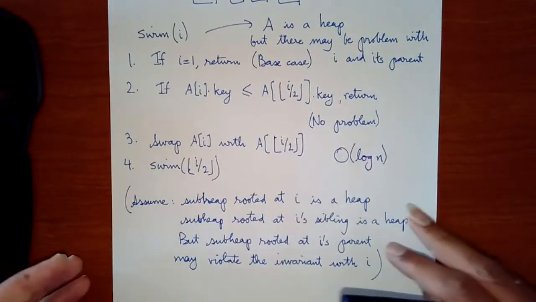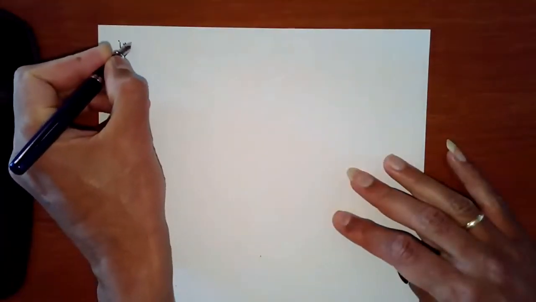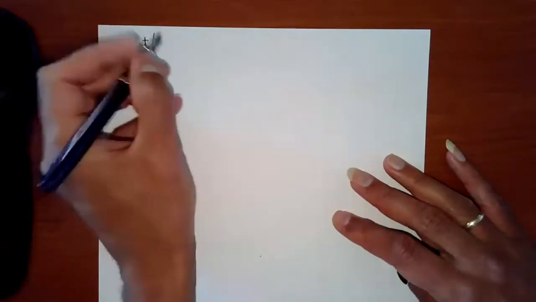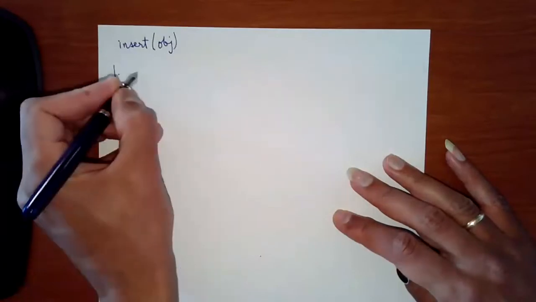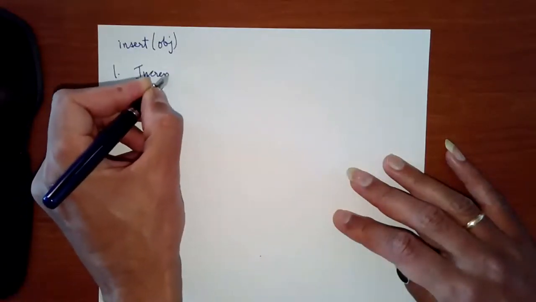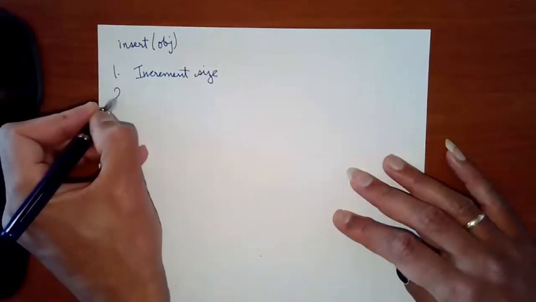The insert now becomes quite simple. Once you have the swim procedure, you have an insert. So if you want to insert an object, what you do is you simply increment the size.